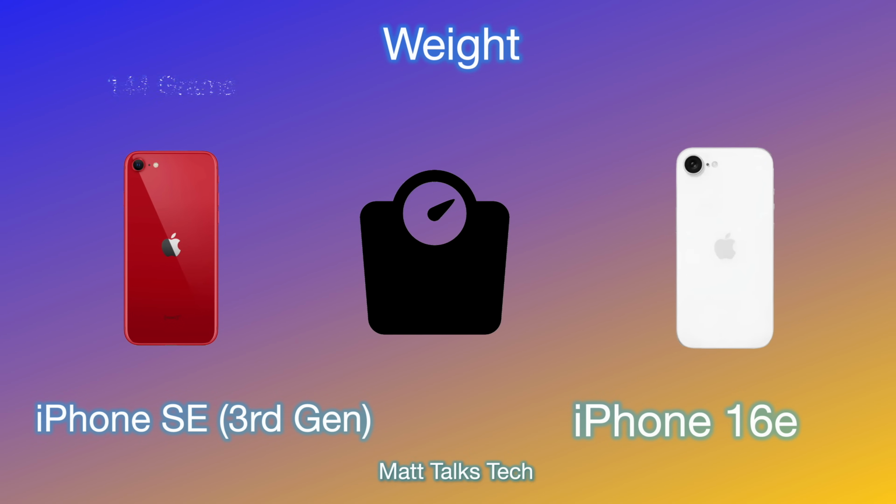Then moving on to the weight. Now you might think the iPhone 16e is really heavy compared to the iPhone SE 3rd generation. Well, to be honest, it's not that much in it. It's only just over 20 grams more. The iPhone SE 3rd generation was 144 grams, whereas the 16e is 167 grams.